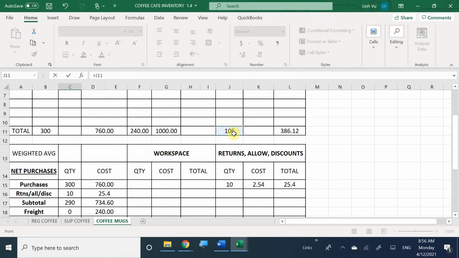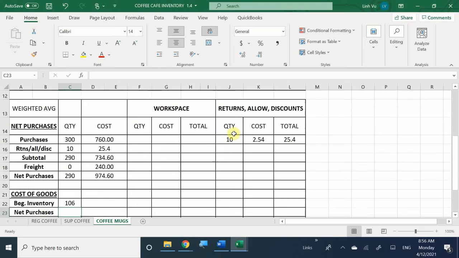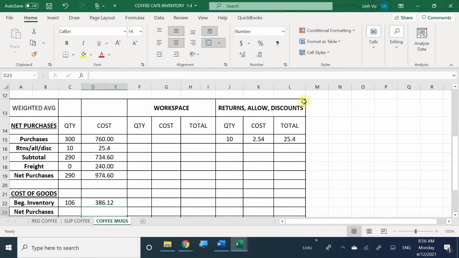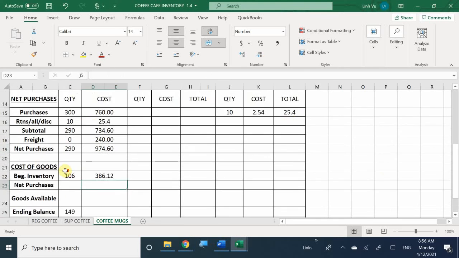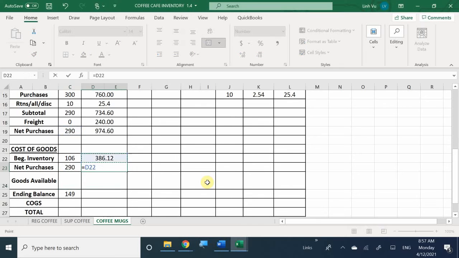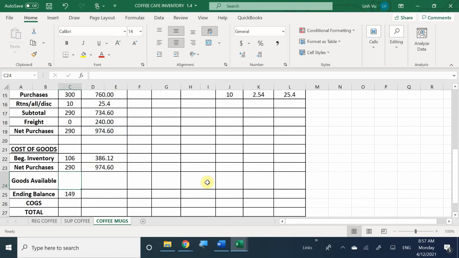Yes, I did. Right? I had 106 items costing me $386.12. Okay? So once again, I've already solved for my net purchase from right above, right? So I'm going to pull that information down. So then, what is my total goods available?